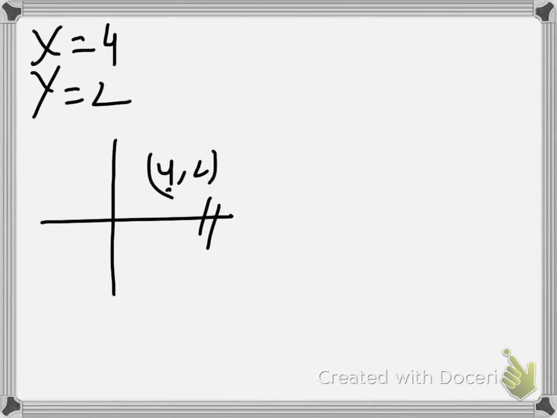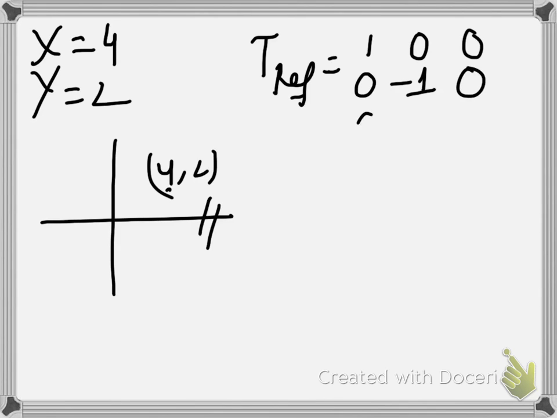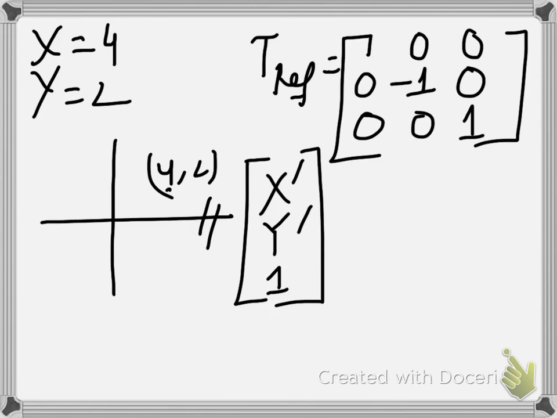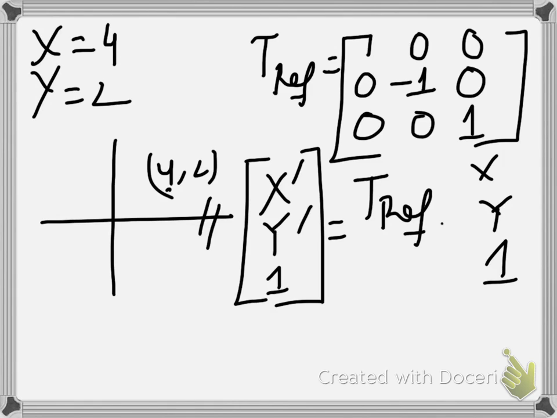So your reflection matrix will be 1 0 0, 0 minus 1 0, 0 0 1, and your x dash y dash, that means points after reflection, you can get by multiplying it with xy1.